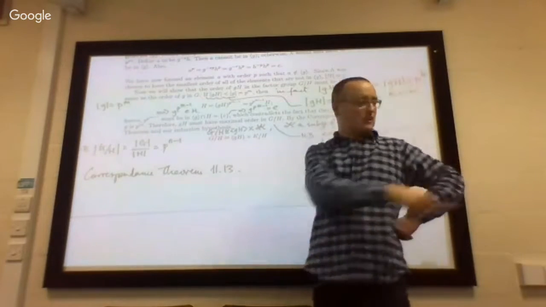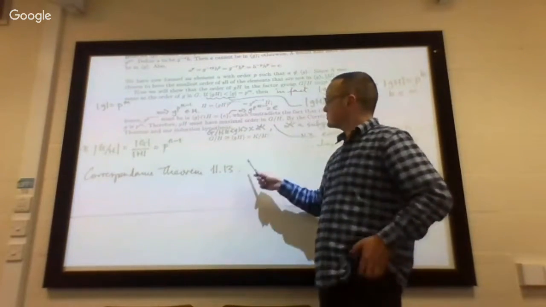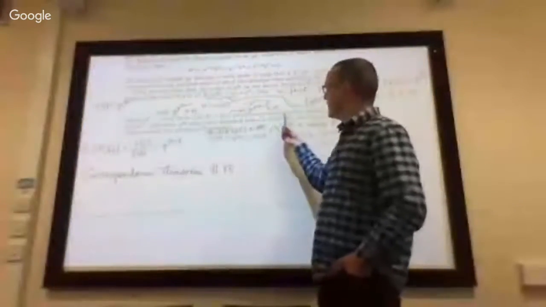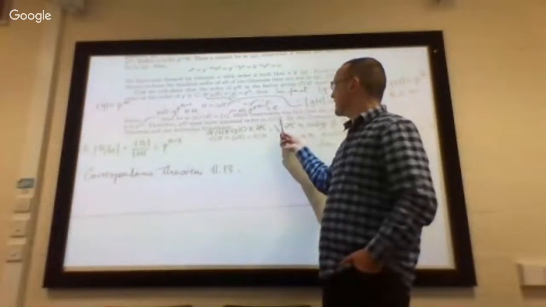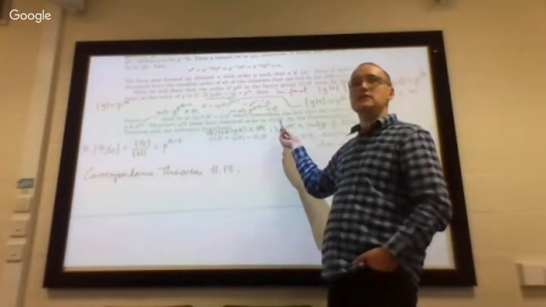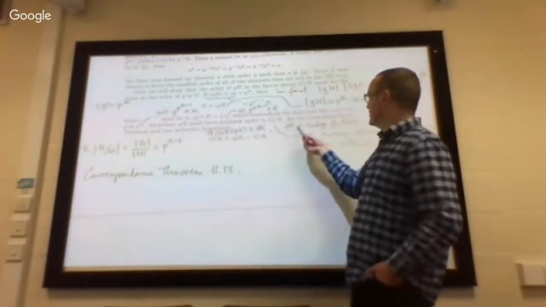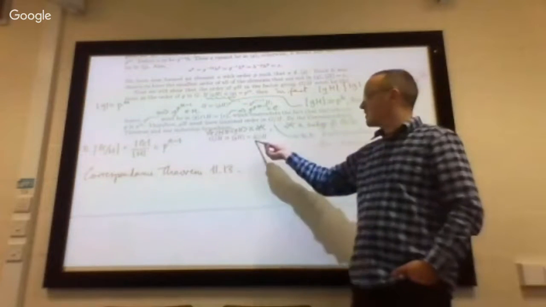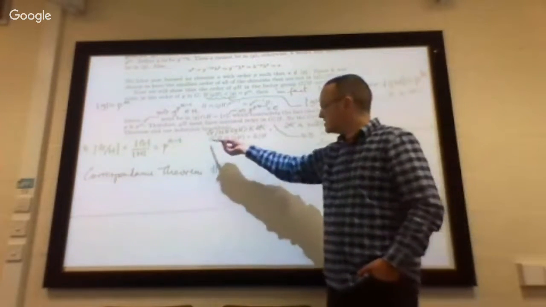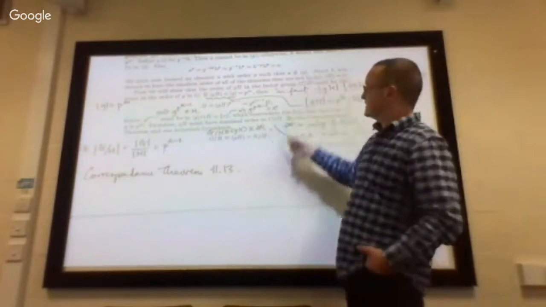So I won't flip back in the pages to it, but it said that subgroups of the factor group exactly correspond to subgroups of the original group G which contained the subgroup you're factoring out by. So this subgroup curly K of the factor group corresponds exactly to a subgroup K of the original group G.